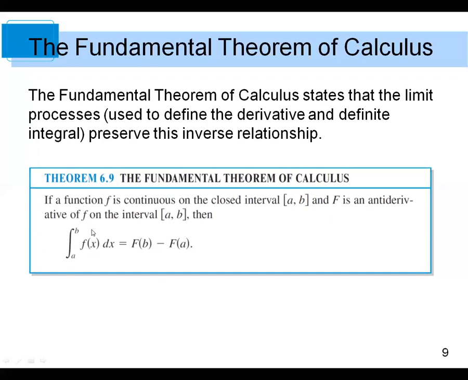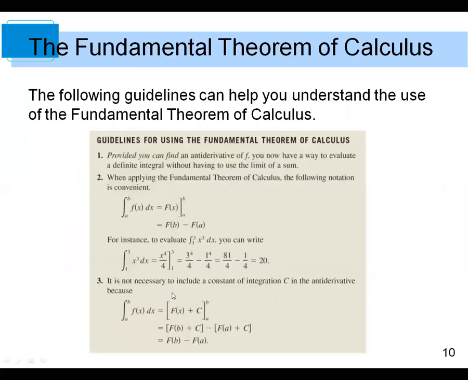In other words, capital F stands for the antiderivative of little f. So when you integrate, you take the antiderivative, plug in the upper limit and the lower limit to the antiderivative, and subtract. How awesome is that?